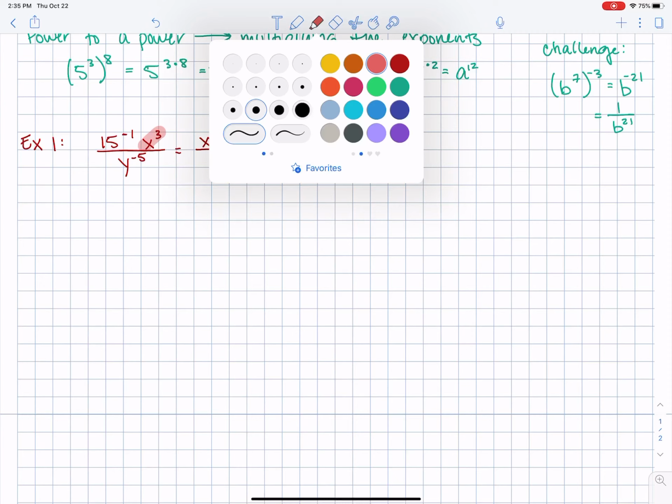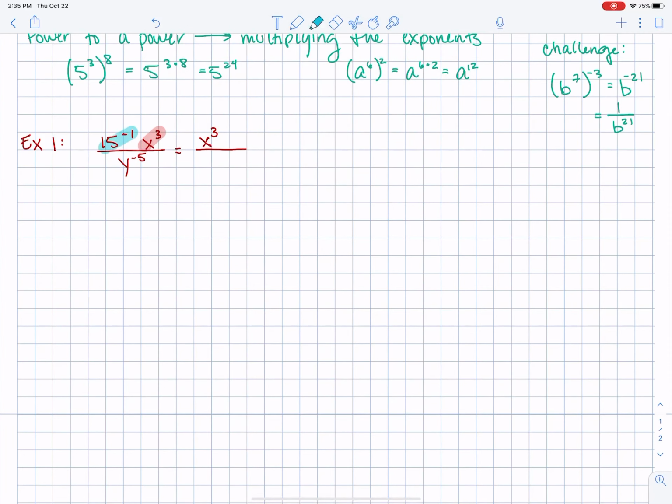Now, I'm going to move any negative exponents. So I'm going to move y to the fifth up to the numerator, make it positive, and I'm going to put 15. Now I could say 15 to the positive first, but I don't have to because 15 to the first is just 15. I'm going to double check to see if I can combine any bases. I can't, so this right here is my final answer.